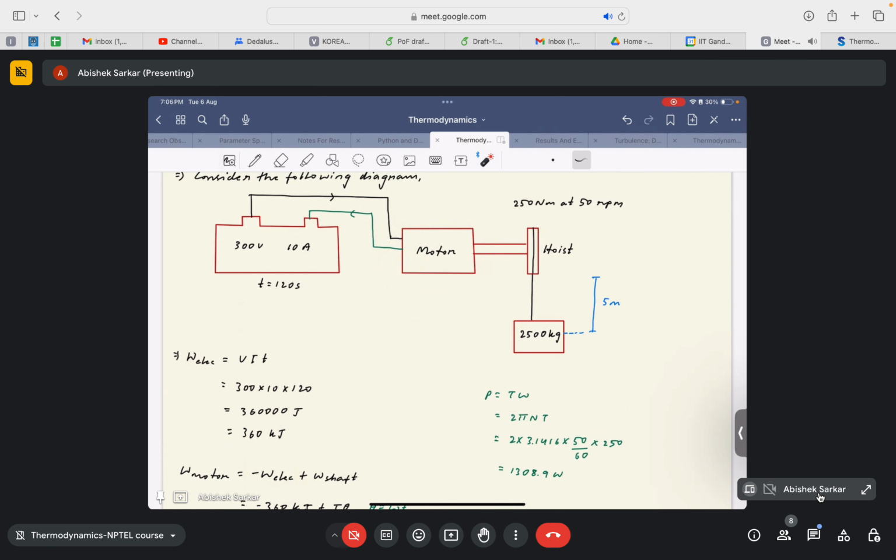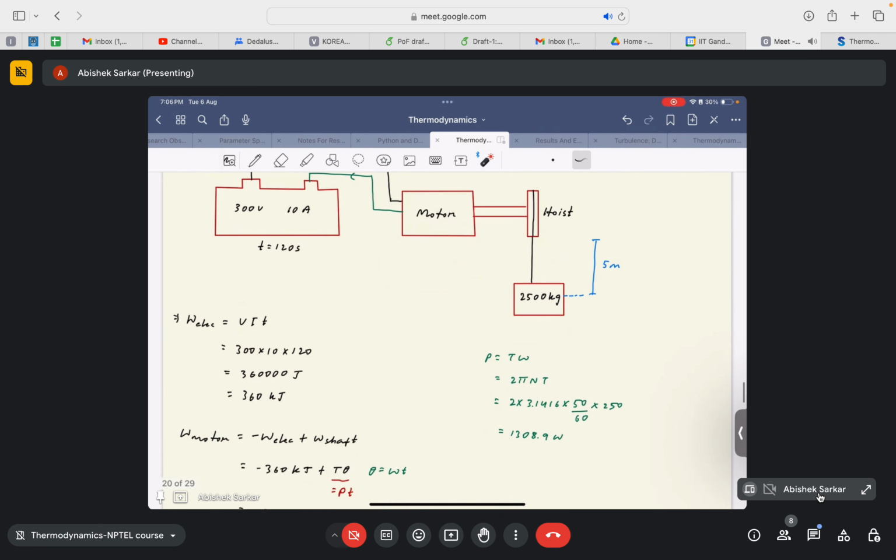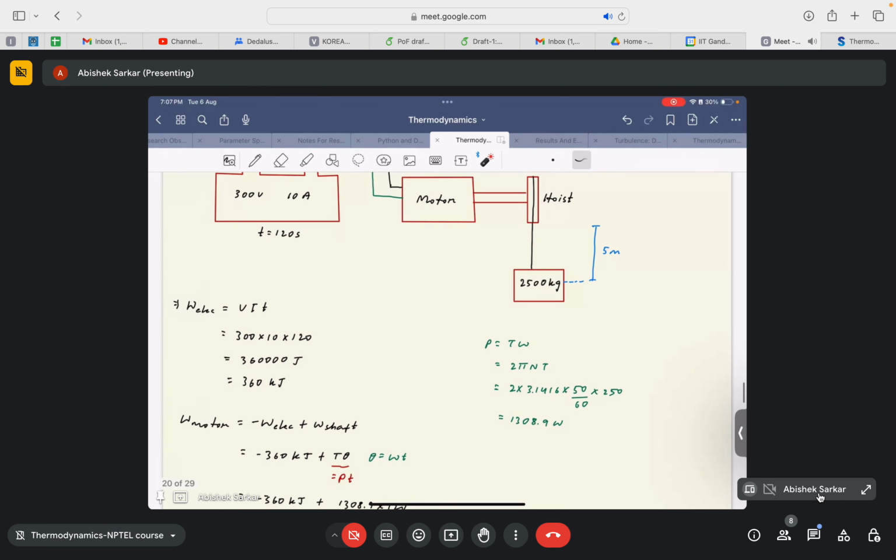The shaft work would be positive because the work is done by the motor on the hoist mechanism. Don't get confused with the sign convention. It is very important, that's why I'm going through it very slowly. The electrical work done on the motor is 360 kilojoules, negative because the work is done on the motor.